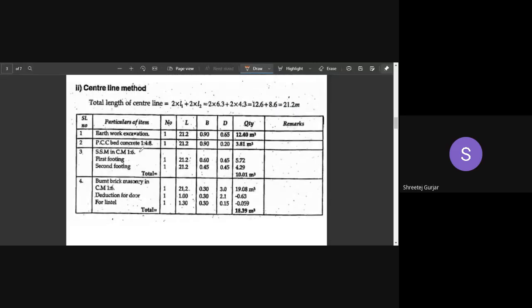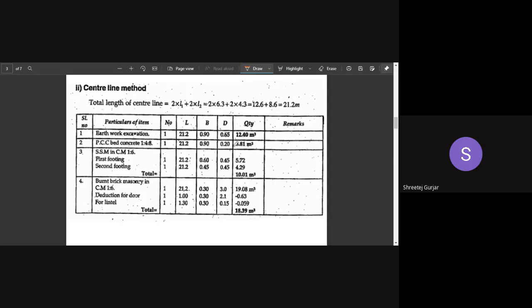See, you can see the center line method is over in only this much amount of a tabular column. It is so small, the center line method.